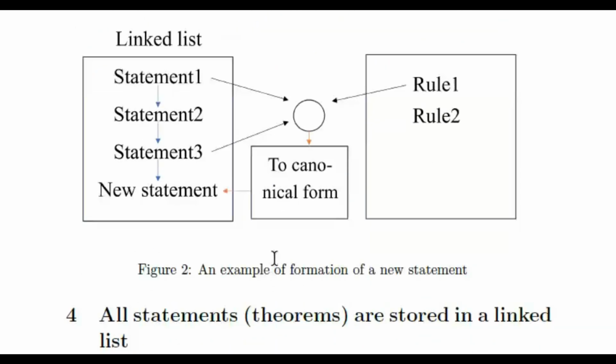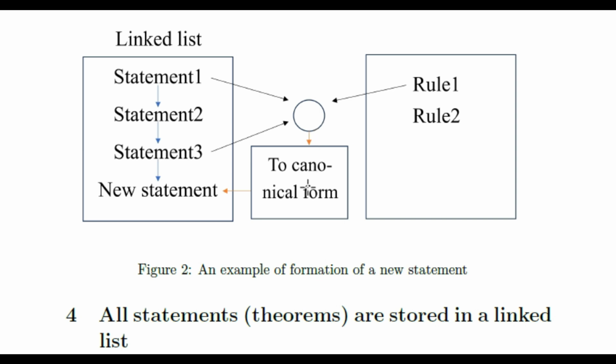Here's the structure of the prover. It takes some statements from the list here and here, and then it takes a rule from the rules list, and it produces a new statement, and it puts it to canonical form.